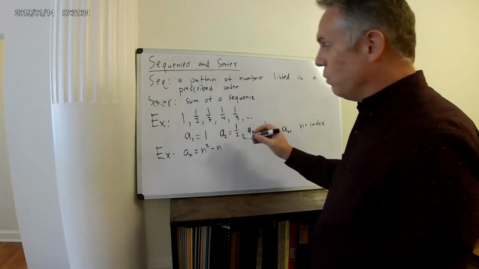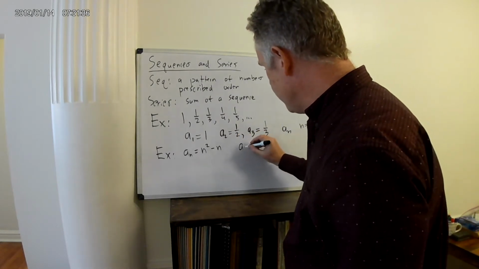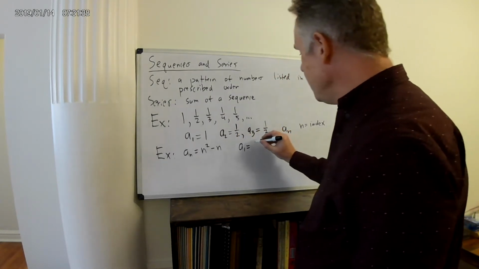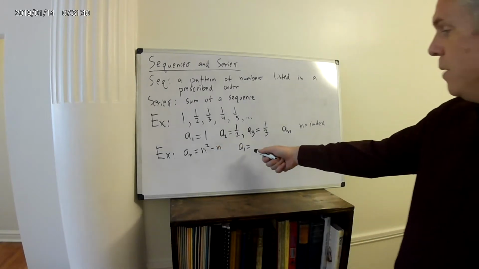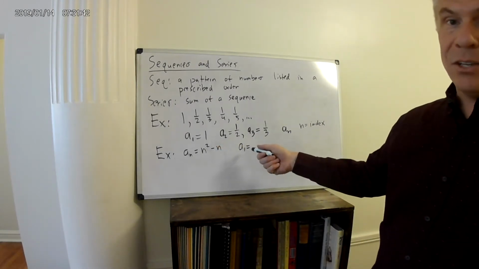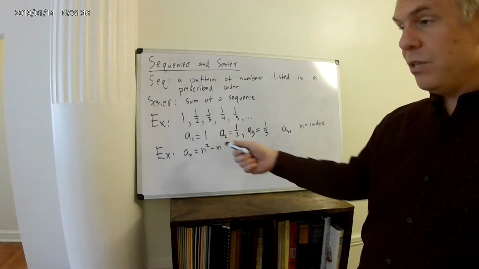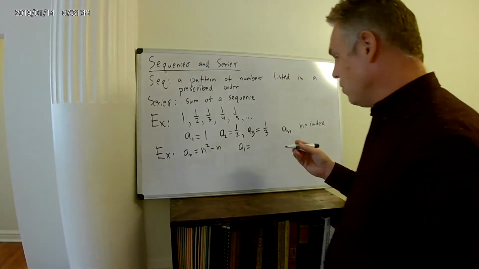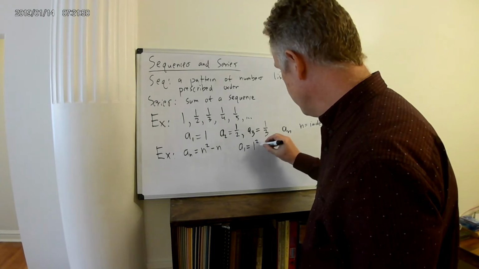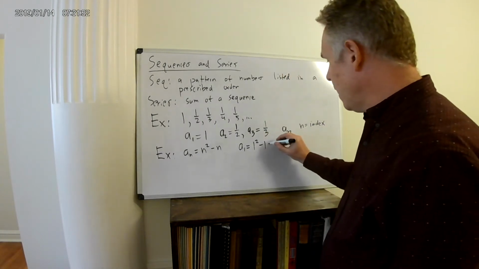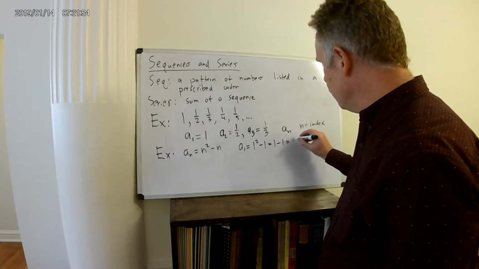So if we're interested in what the first term is, A sub 1 is the first term. What this means is the index n is 1. We want to plug 1 in where we see n, where we see the index, to figure out what the term is. So we get 1 squared minus 1, okay? That equals 1 minus 1 equals 0.